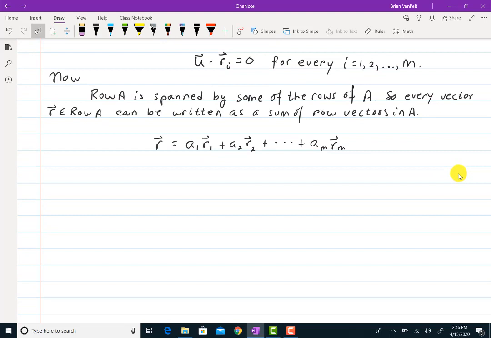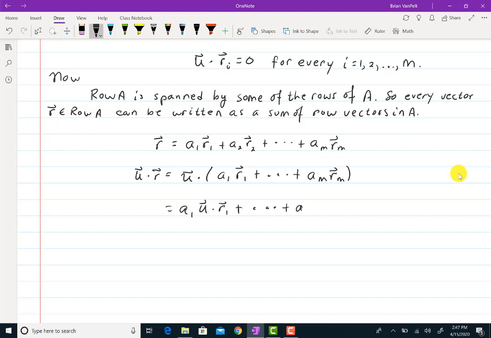But then when I do U dot R, that equals U dot A1 R1 up to AM RM. And of course you can distribute the dot product through, and you can also use associativity, A1 U dot R1 plus dot dot dot plus AM U dot RM.